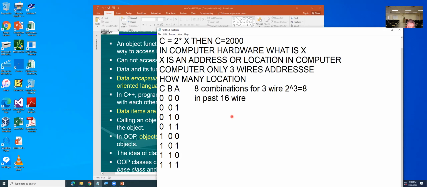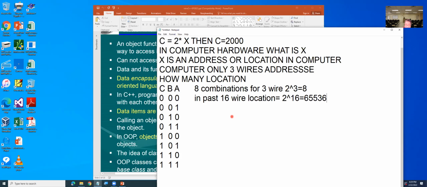So how many locations? 2 power of 16 equals what number? 65,536. Correct.